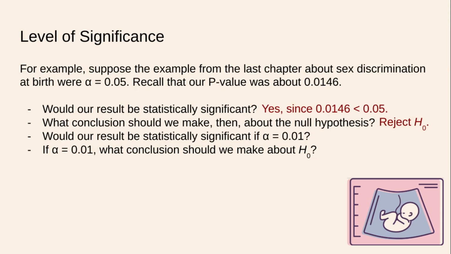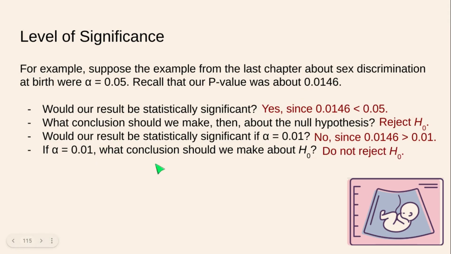Well, we ask ourselves, how does alpha compare with our p-value, right? Well, alpha is below our p-value, so our p-value is not less than 0.01. Our p-value is greater than 0.01, so we do not reject the null hypothesis, which is the answer to this last one.